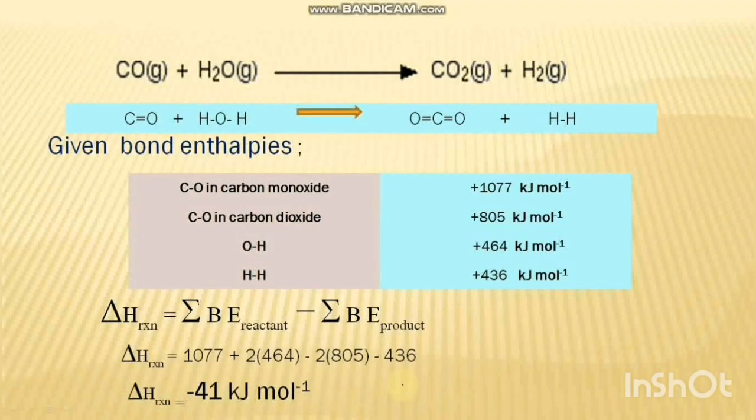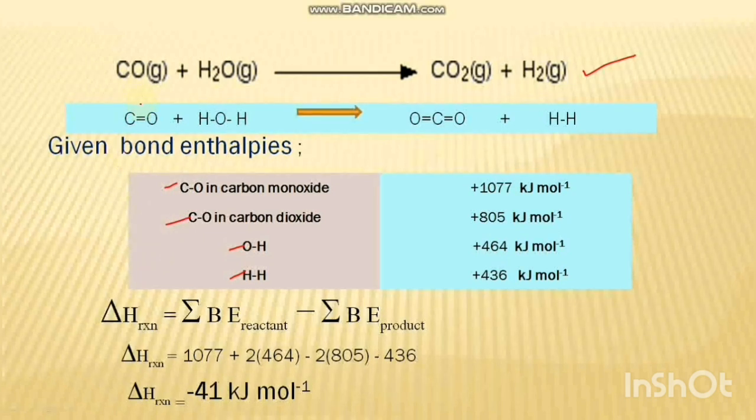Second example, carbon monoxide gas combines with water gas forming carbon dioxide gas plus hydrogen gas. We are given bond enthalpies: carbon oxygen bond in carbon monoxide, carbon oxygen bond in carbon dioxide, oxygen hydrogen bond, and hydrogen hydrogen bond. We have to calculate enthalpy of this reaction.